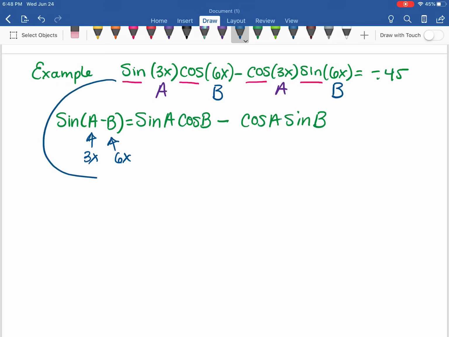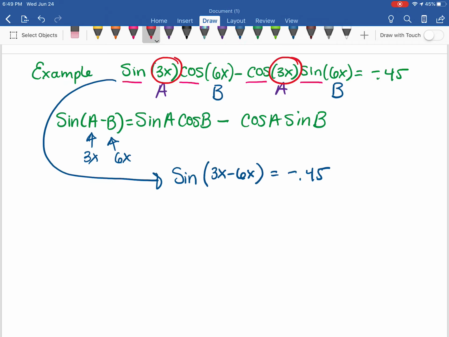So this whole thing becomes the sine of A minus B, which is 3x minus 6x, equal to negative 0.45. All I did was identify which formula I'm going to use and identify each of my angles.